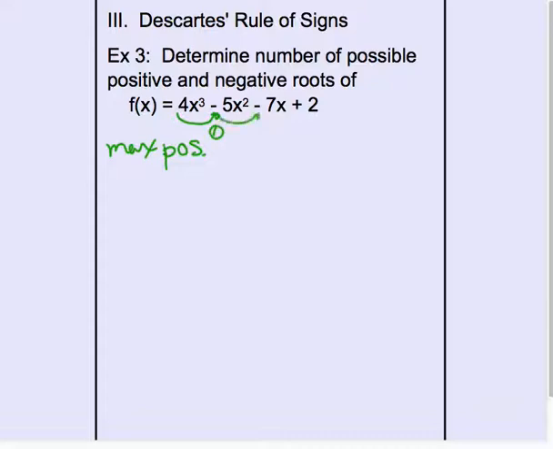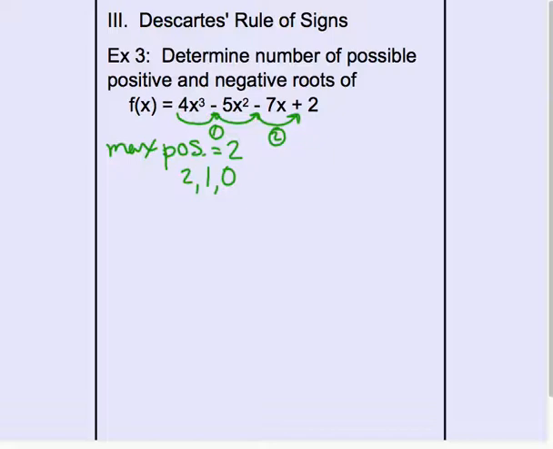It stays negative. That is not a sign change. And then it changes back to positive. So there's a second sign change. So the maximum number of positive real roots is 2, which means it could have 2 positive roots, it could have 1 positive root, or it might have no positive real roots. But the most it can have is 2.